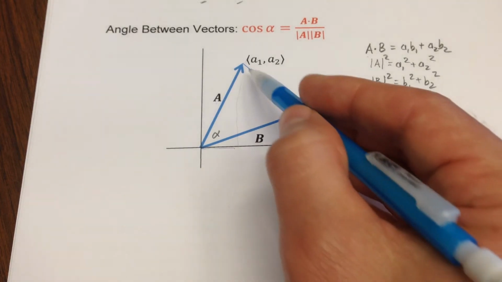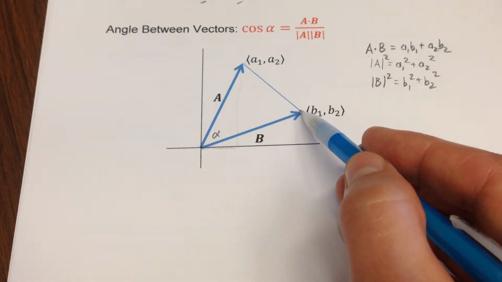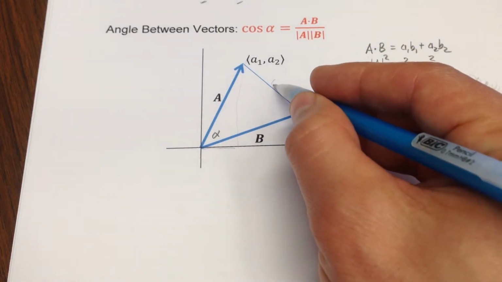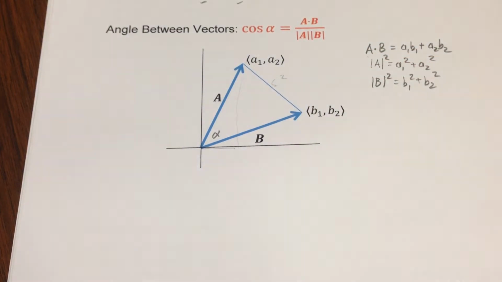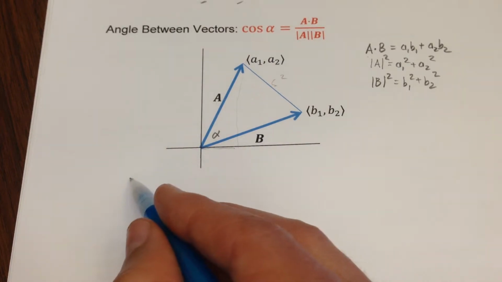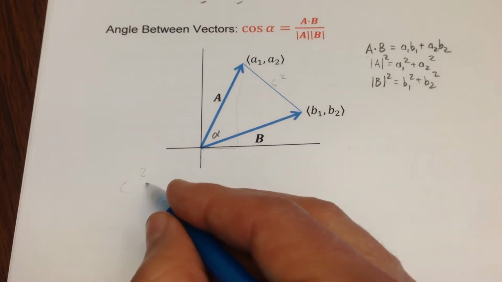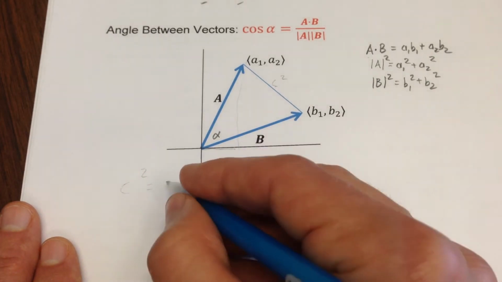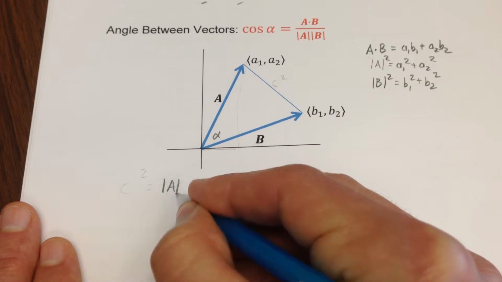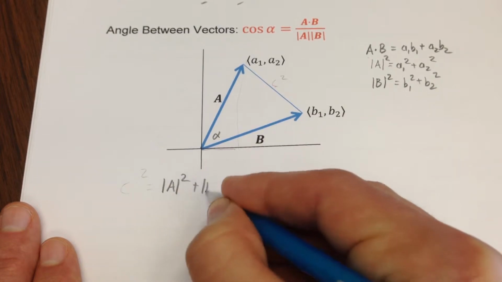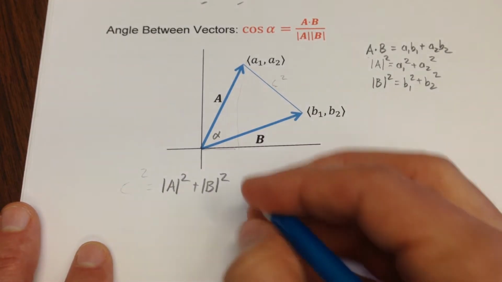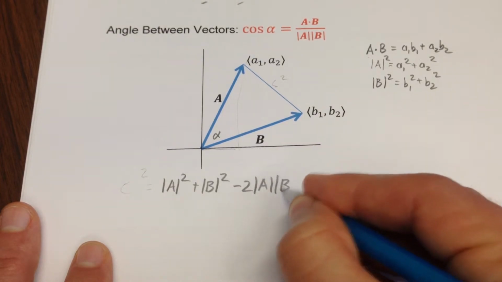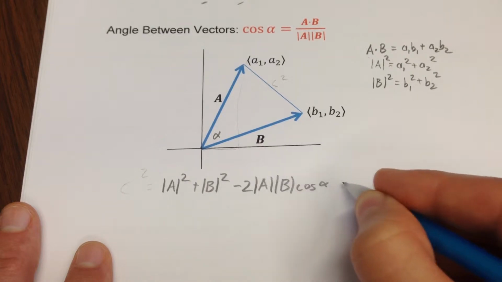The law of cosines says this side squared, so this side would be C, and C squared is equal to the magnitude of A squared plus the magnitude of B squared minus 2 times the magnitude of A times the magnitude of B times cosine alpha.